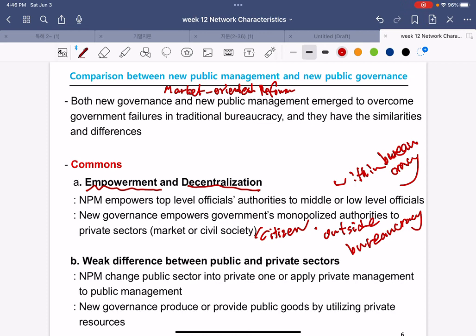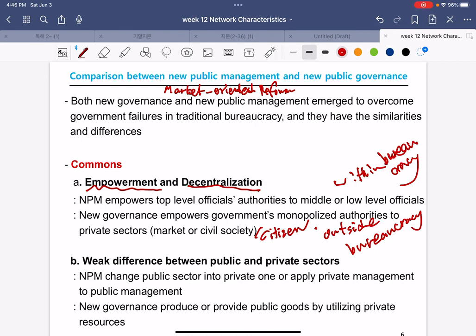But the approach is a little bit different. Even though they both borrow some characteristics of private organizations, NPM just imitates private management, such as competition or performance management.